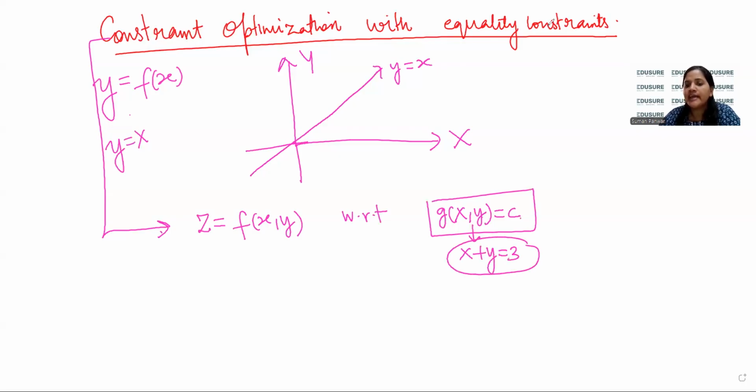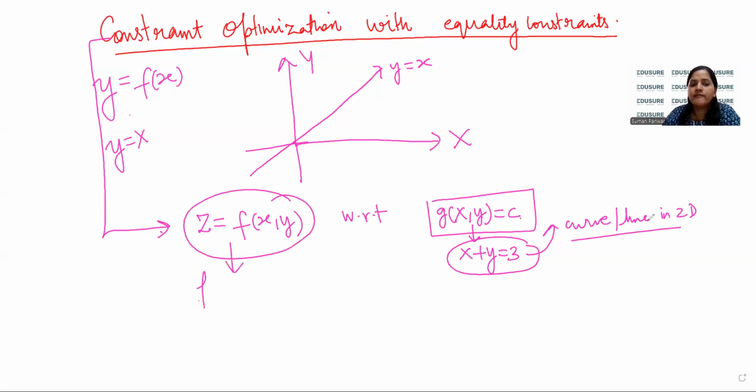So this is a curve or a line in 2D, and this is going to be a figure in 3D. Okay. So basically we are going to optimize a 3D figure with respect to a constraint which is lying in 2D.